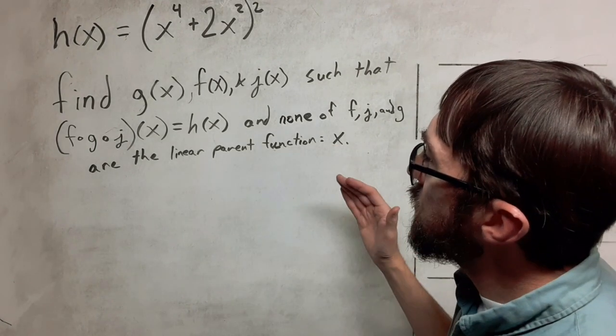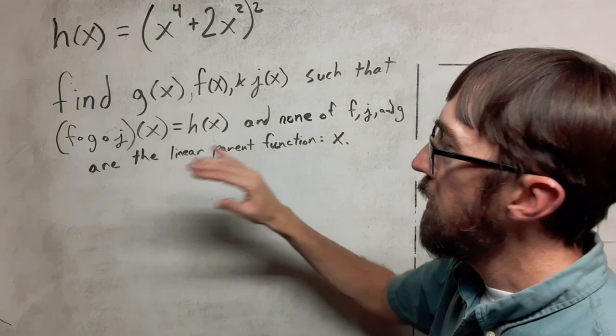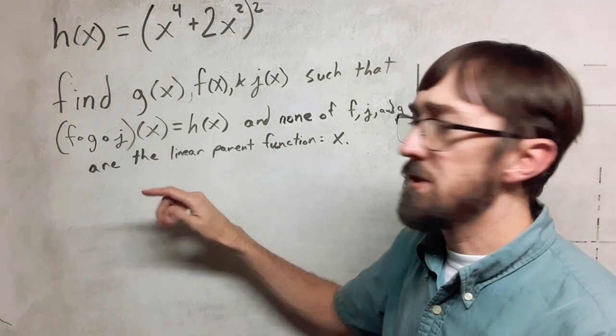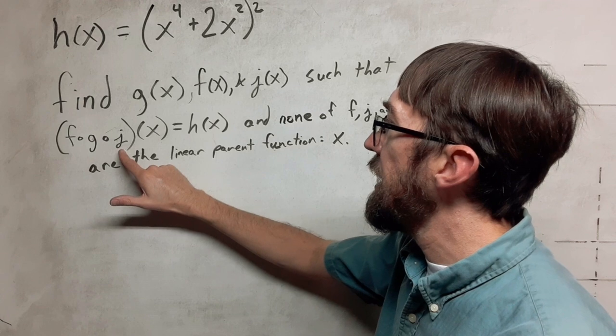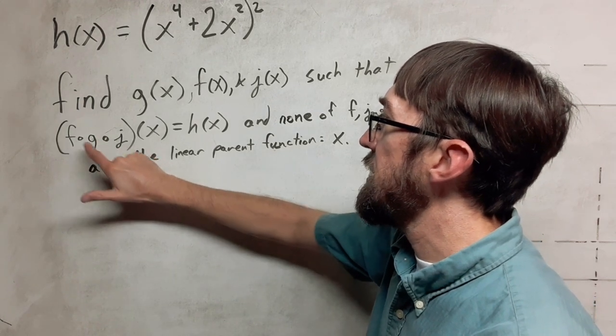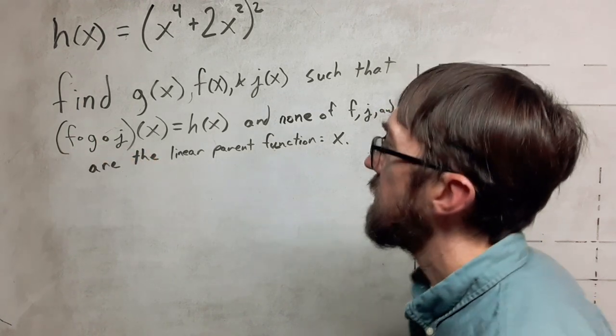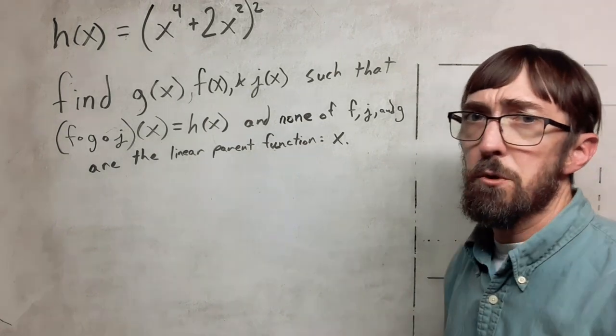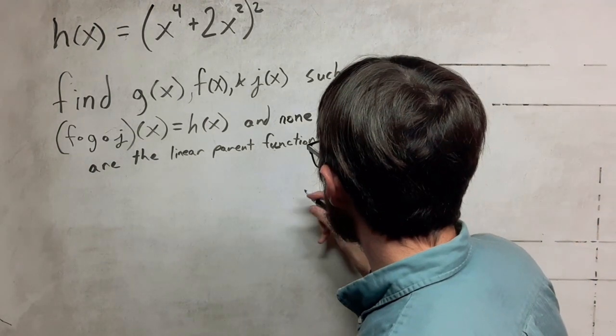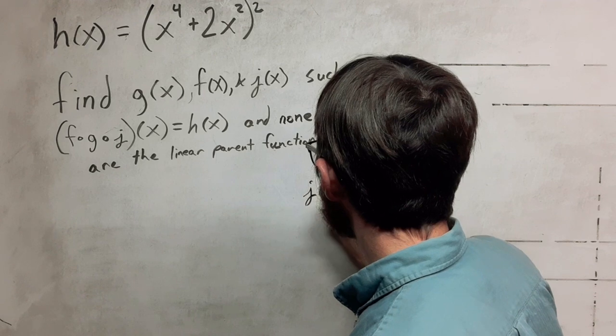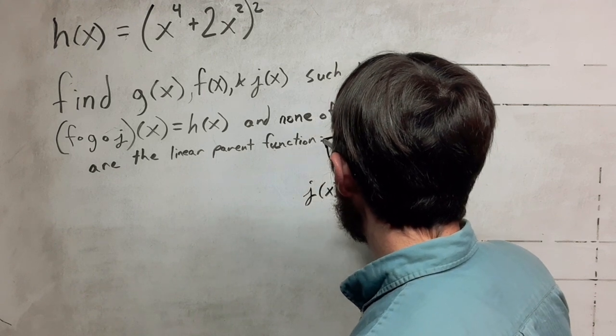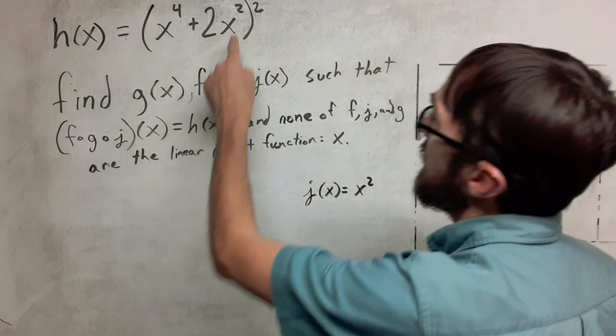So I want to place this in a certain order. Order is important with composition. So I'm placing J into G and then G into F. All right. So the first thing that I'm going to do is I'm going to start with J. And I'm going to go ahead and declare that that is x squared.